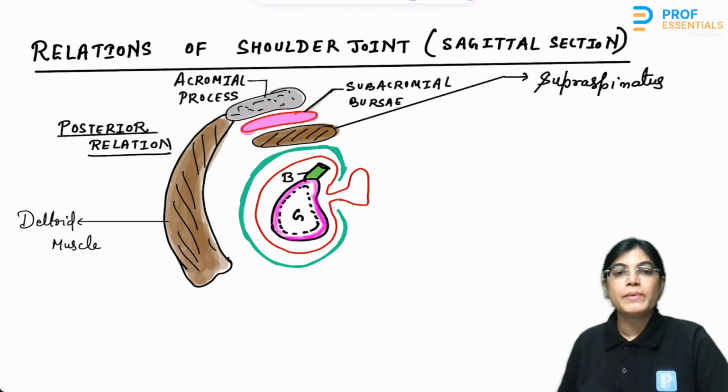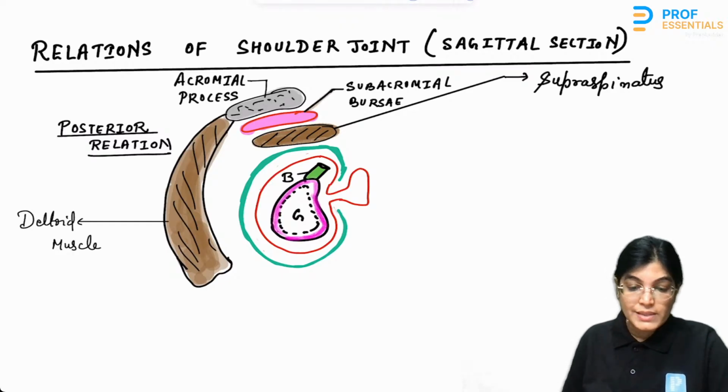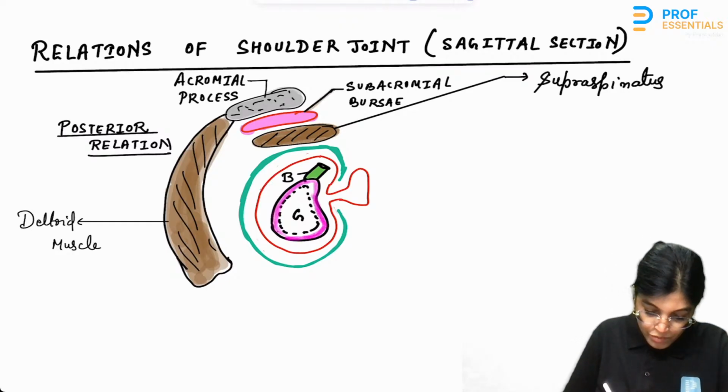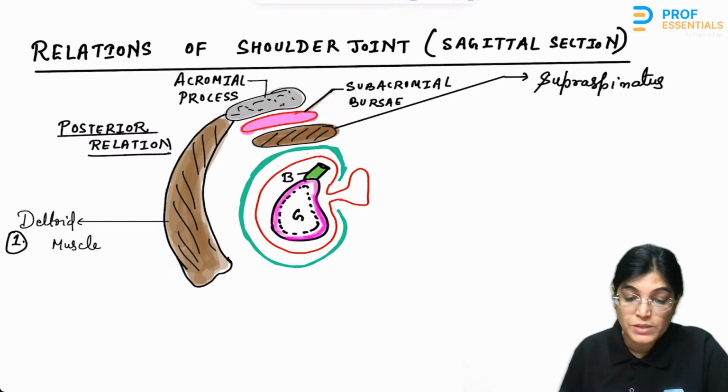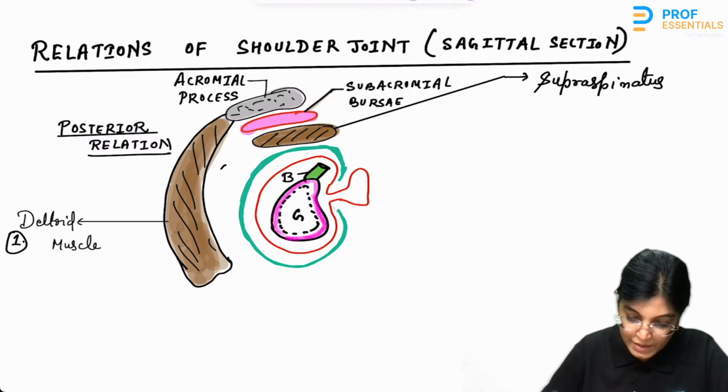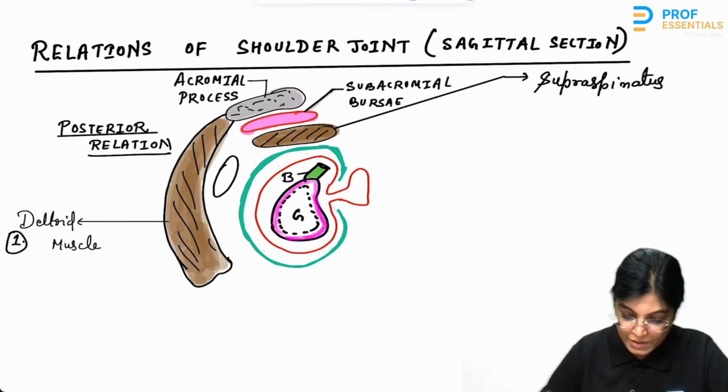So on the posterior aspect, the shoulder joint is related with the deltoid muscle. Obviously, deltoid muscle, yes. It is related with parts of the teres minor and infraspinatus muscle. So we will make these muscles, two muscles here.